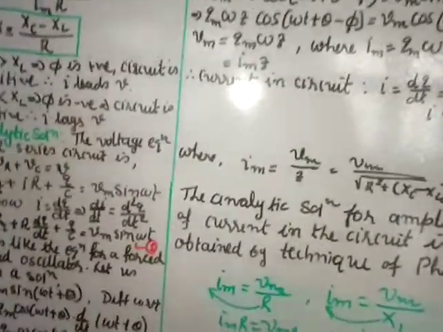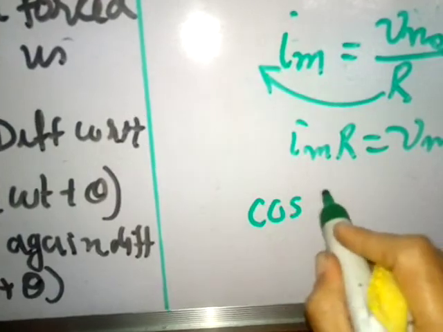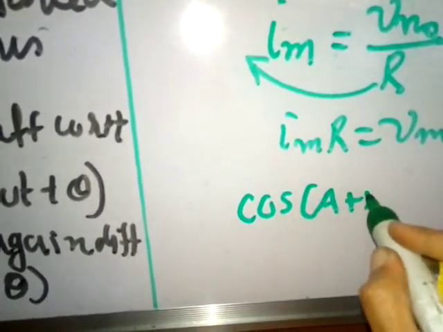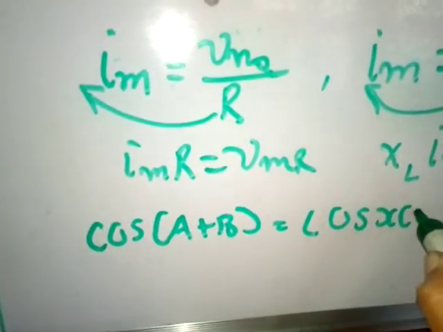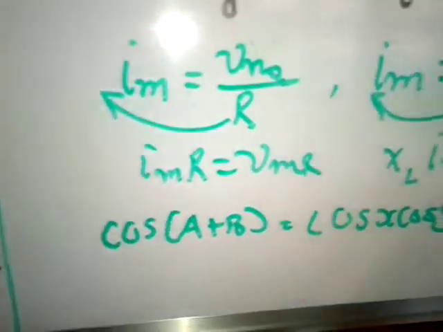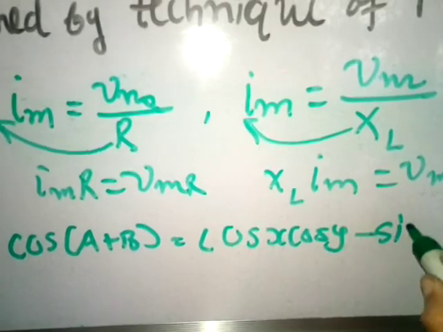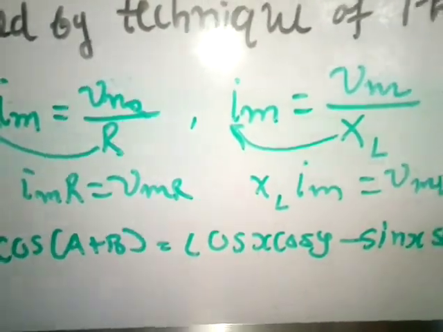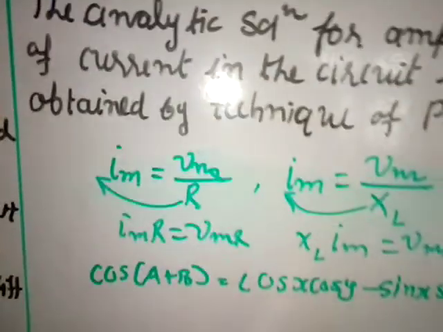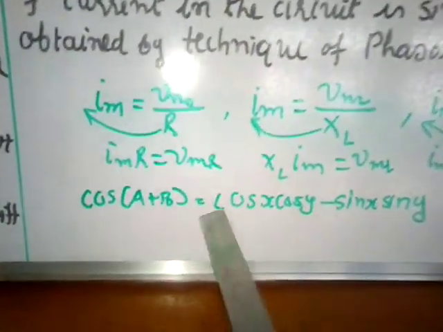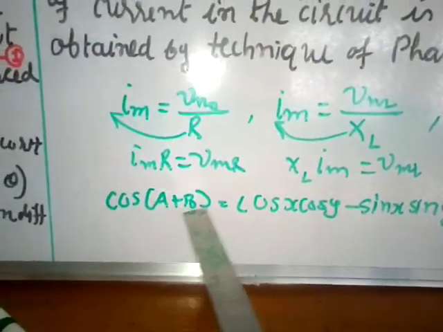I hope you remember that formula: cos(x plus y) gives you cos x cos y minus sin x sin y. This is the formula we have got in this equation.